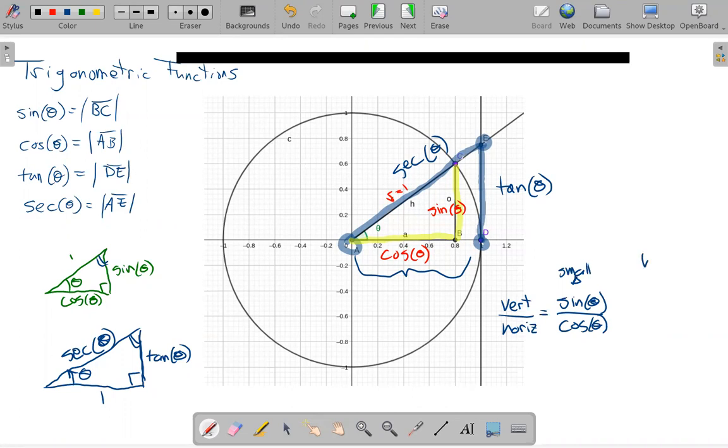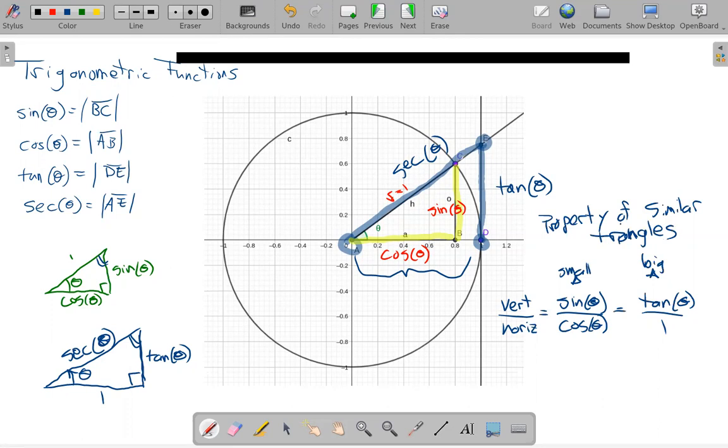And on the bigger triangle, the ratio of the vertical to the horizontal would be equal to whatever the tangent of theta is divided by 1. All this is just a property of similar triangles.